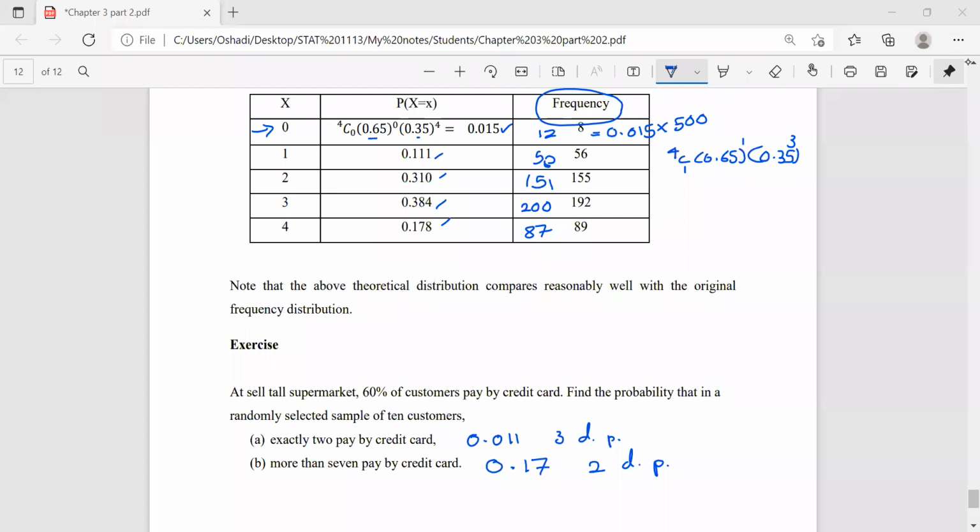So the success is if the customer pays by credit card. If the customer does not pay by credit card, using any other method, it is a failure.